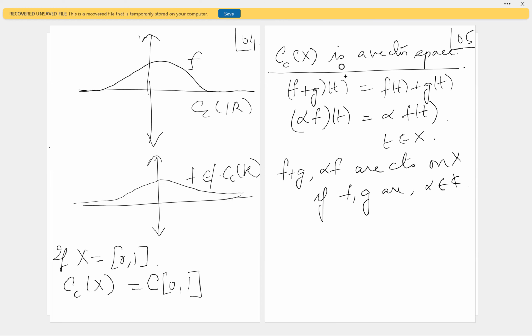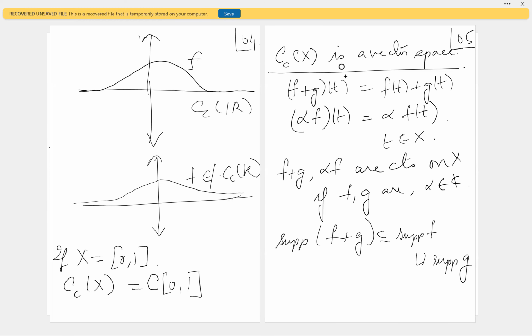So what about the support? What can you say about the support of f plus g? Do you agree with this, if I say the support of f plus g must lie in the union of these two supports? At least, I can't say it's equal, but at least it will lie in the union. Yes.